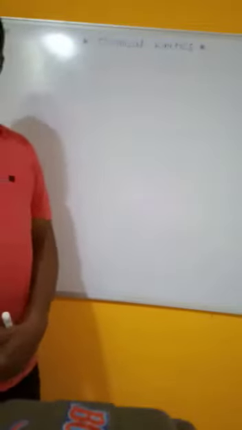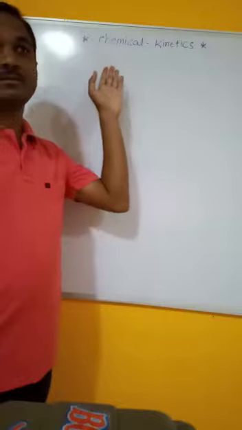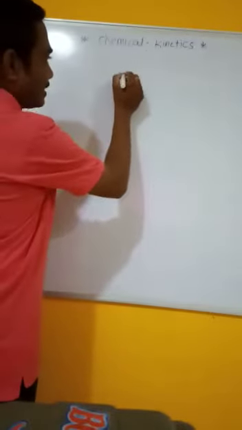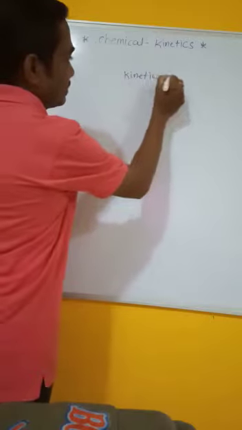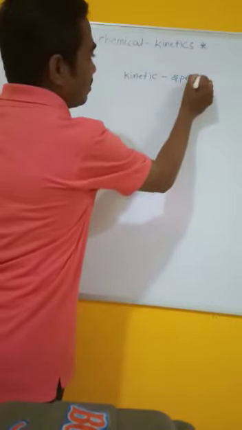Good morning, friends. Today we have to discuss the new chapter, chemical kinetics. In this chapter, the word kinetic is related to the speed of a body as well as a vehicle.